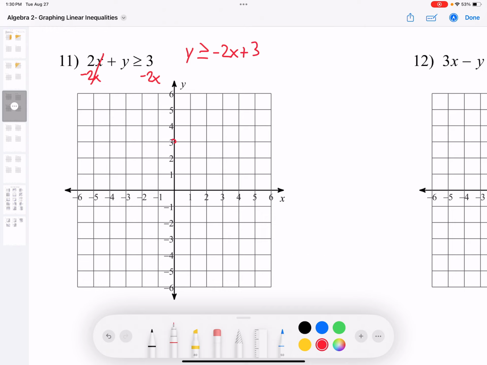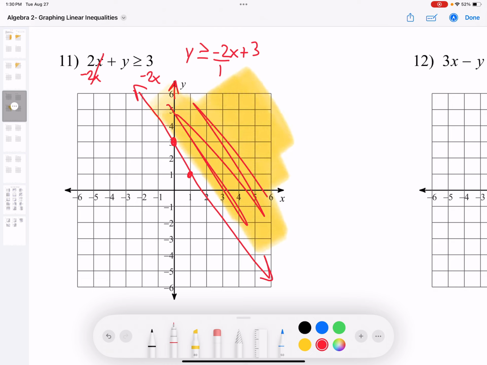So we're going to go up to 3, plot our point, put negative 2 over 1. We go down 2, right 1, plot our next point. Then we look at our inequality symbol. So we get a solid line. Draw our line. And y is greater than is above. So we're going to shade above. Okay? And if you don't have a highlighter, you can just scribble with your pen. That's fine.